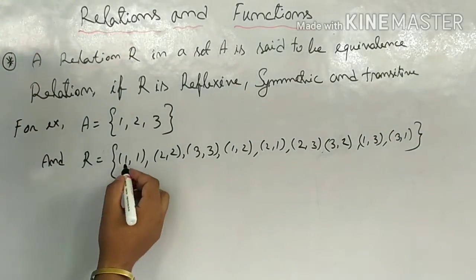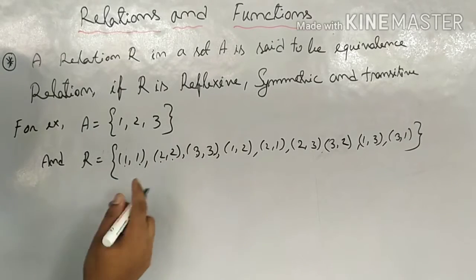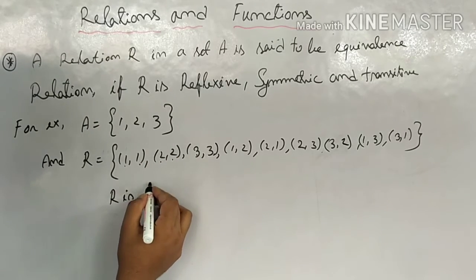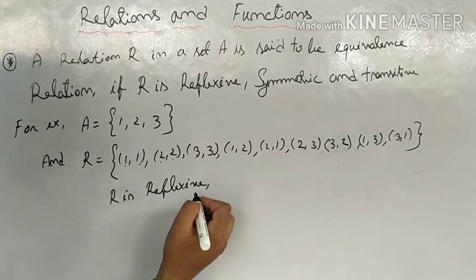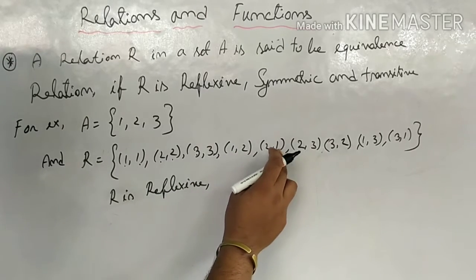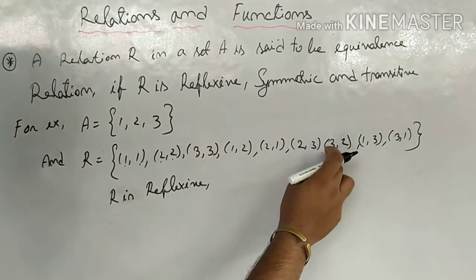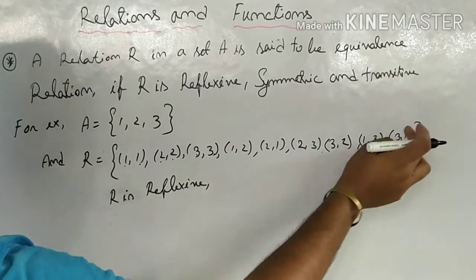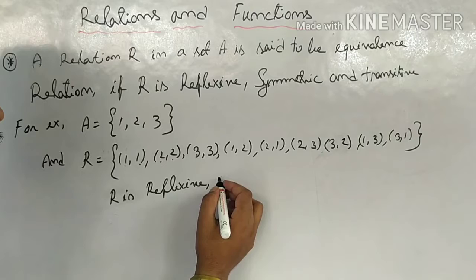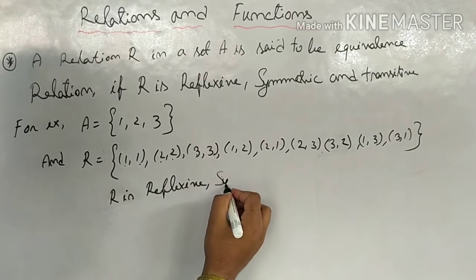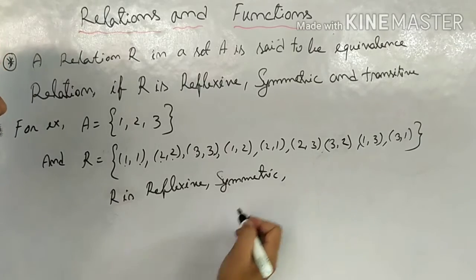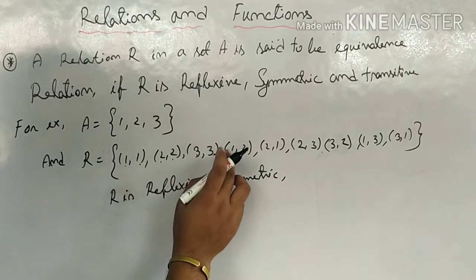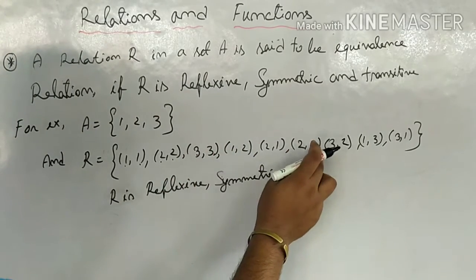See there, (1, 1), (2, 2), (3, 3). Therefore R is reflexive. Next, (1, 2), (2, 1) are there, (2, 3), (3, 2) are there and (1, 3), (3, 1) are there. Therefore R is symmetric. Next, see (1, 2) and (2, 3).